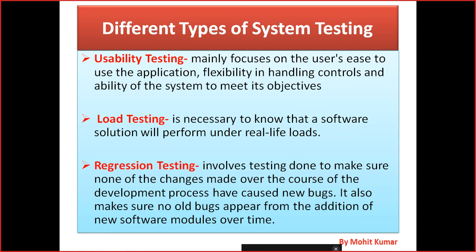We test old and new features, and they must work as expected. That is called regression testing. It involves testing done to make sure none of the changes made over the course of the development process has caused a new bug. It also makes sure no old bug appears from the addition of a new software module over time.